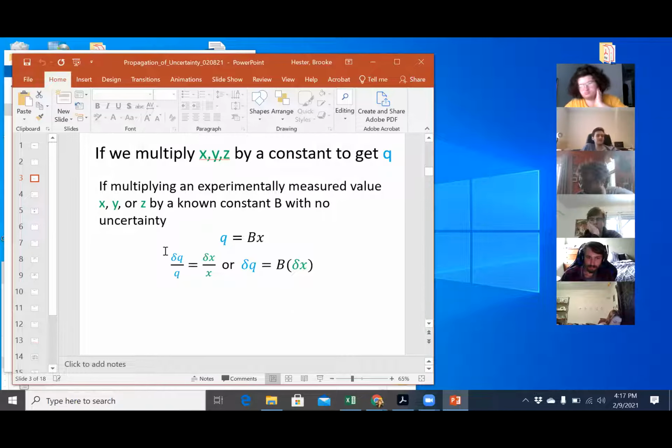But if we're thinking in terms of fractional uncertainties, the constant is in the numerator and denominator, and so it cancels out and does not matter.